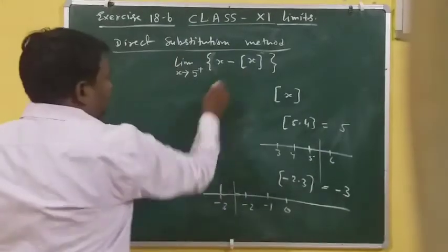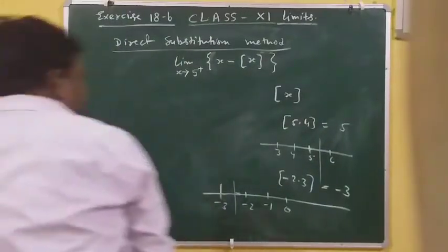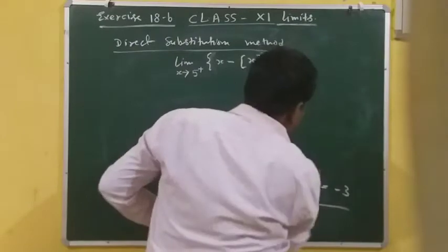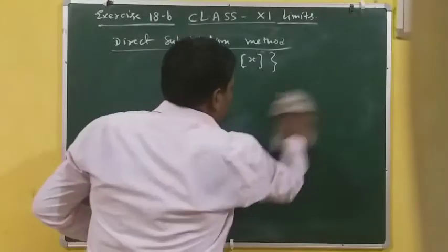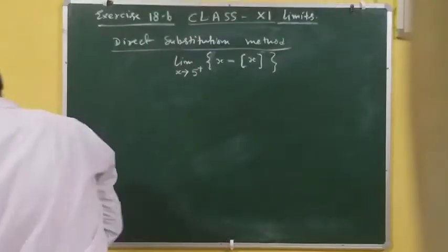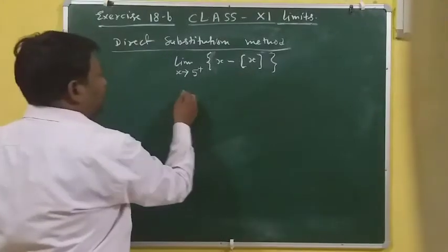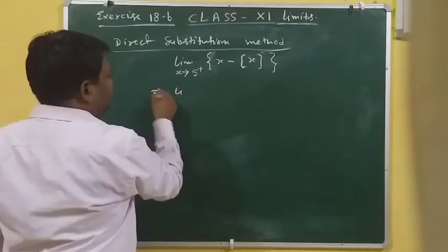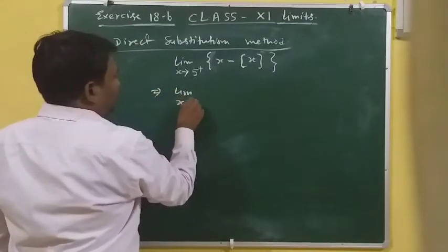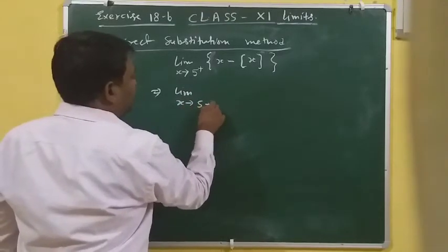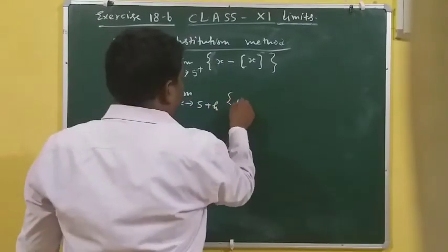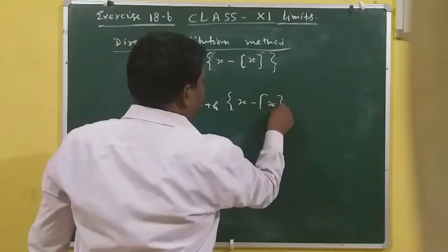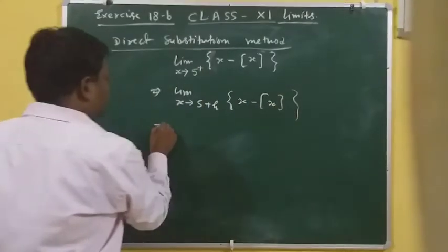In this way, here, how to solve this one? By using the concept of the greatest integer, we say limit x tends to 5 plus h, and here x minus the greatest integer of x, right?